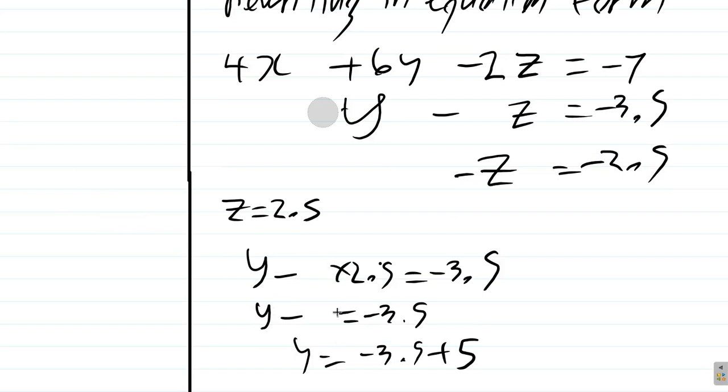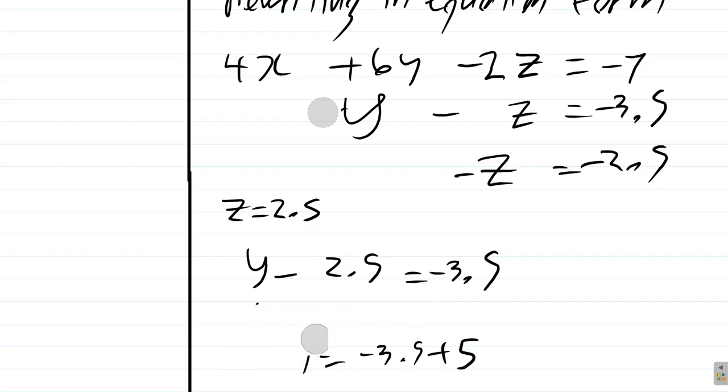So y minus z is equal to negative 3.5. So y minus 2.5 equals negative 3.5.